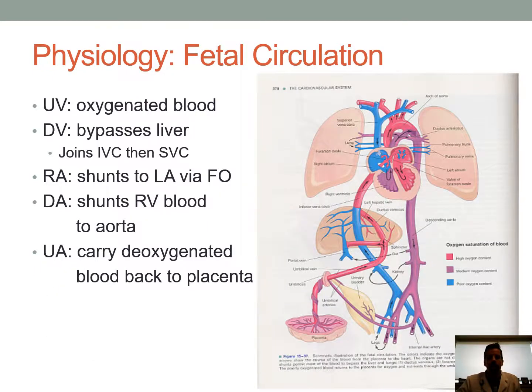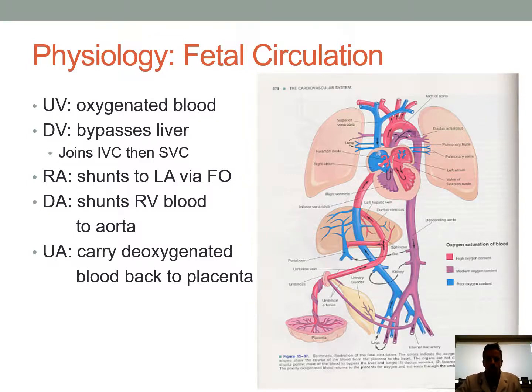All right, next slides. Hopefully this doesn't give you nightmares or flashbacks from embryology in your M2 year, but you do need to be familiar with fetal circulation and how it works. So I'm going to walk you through it here, okay?